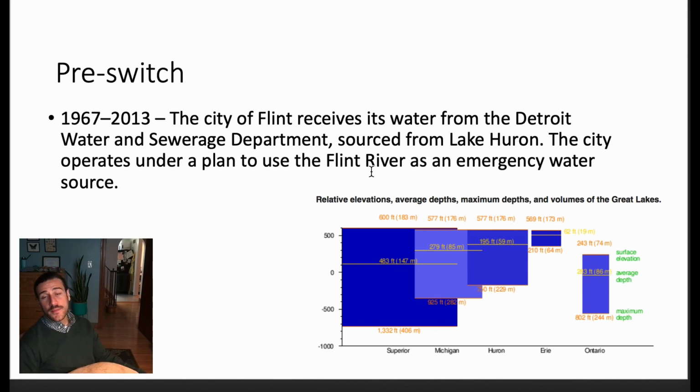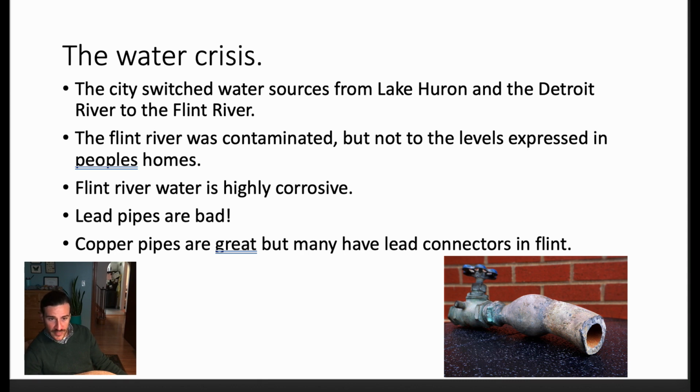However, people in Congress realized that switching over to the Flint River would save them millions of dollars. And so they implemented this huge process to switch the entire city's water supply, and they officially switched their water over to the Flint River in 2014. So again, switching water sources from Lake Huron and the Detroit River to the Flint River.